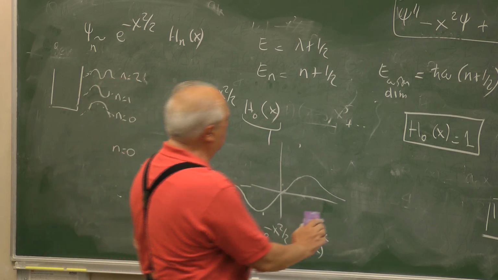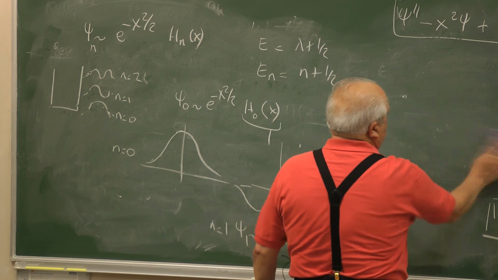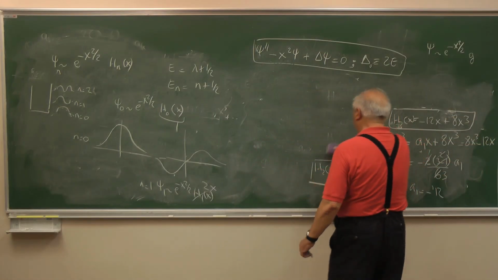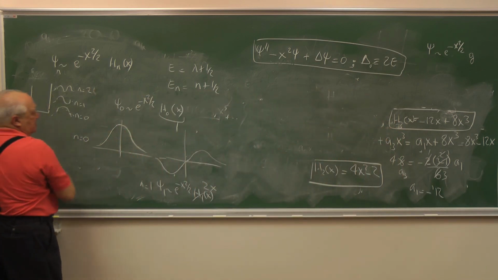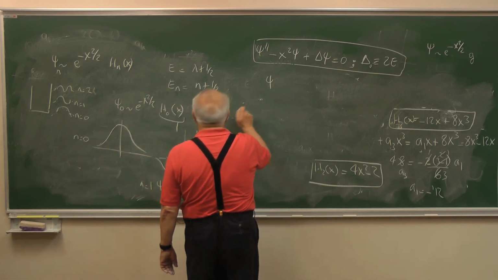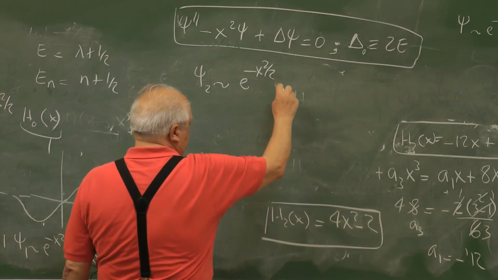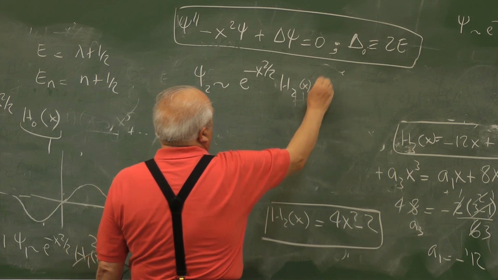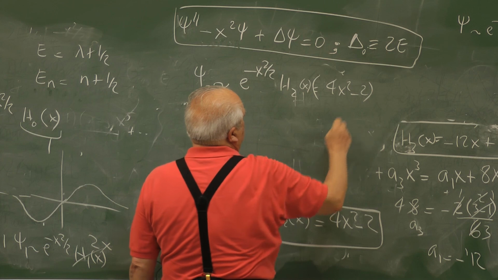Then we are at H_2, 4x squared minus 2. Are we getting something like that? So we have psi 2 is like e to the minus x squared over 2 times H_2(x), which is 4x squared minus 2.